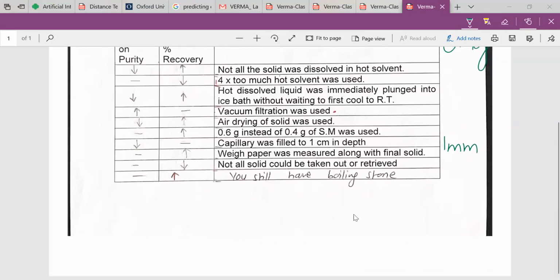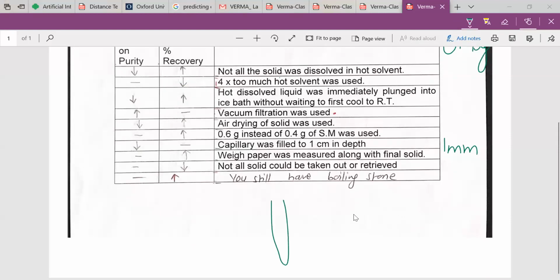If you fill too much material, it will take more time to melt, and your melting point range will be very high, more than 5 degrees Celsius, which will give you an impression that your purity is bad.